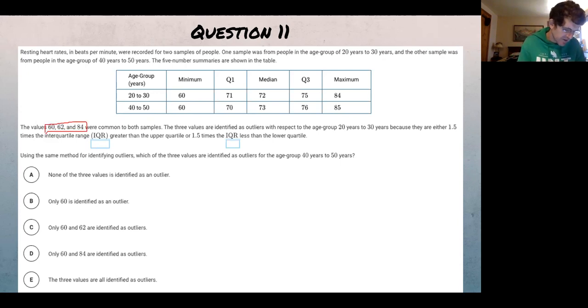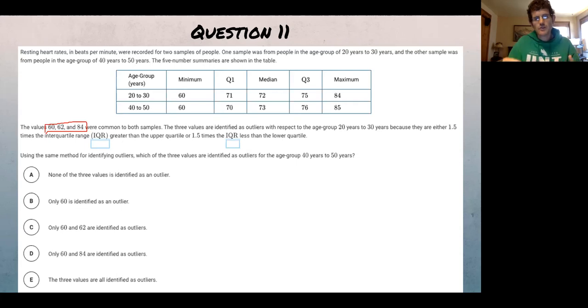But for the age 20 to 30, they were outliers. So the question is, using the same method, which is 1.5 times the IQR above the upper quartile and below the lower quartile, which of these are outliers for the 40 to 50 age group?